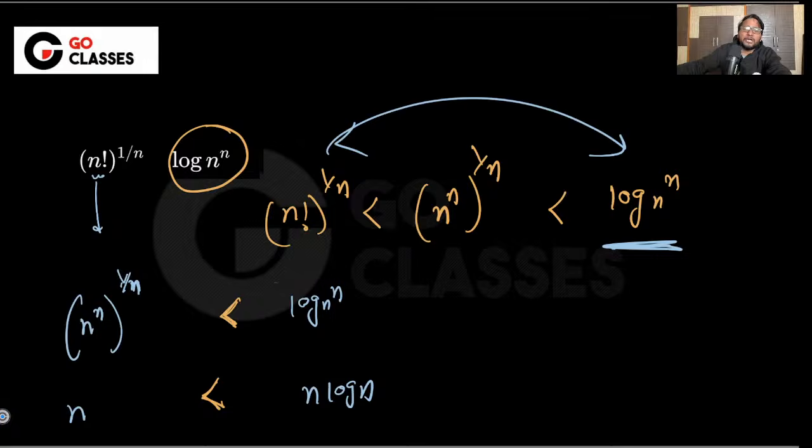The trick that I'm playing is that I'm just putting n power n, an even bigger function here. Even after putting the bigger function, this is n log n, this is n, right? So this is still greater, and then obviously this is still lesser than this function.